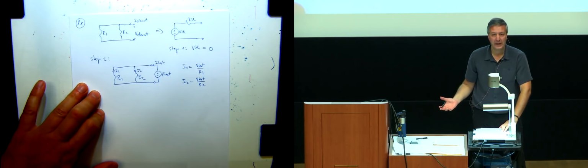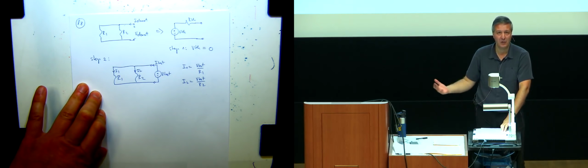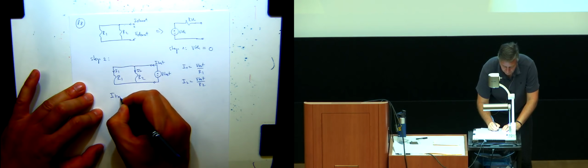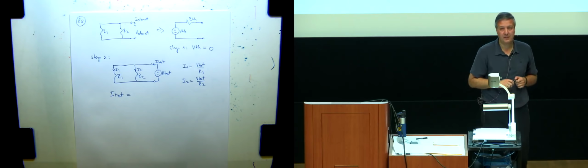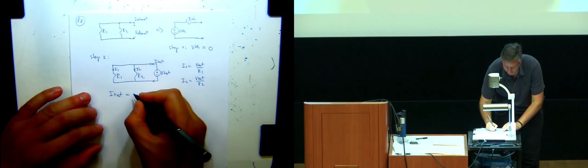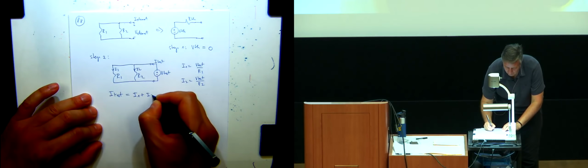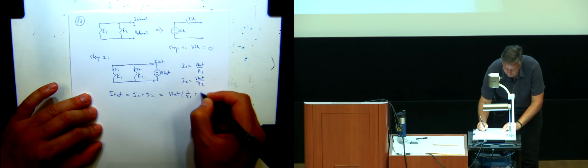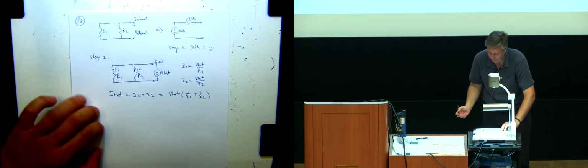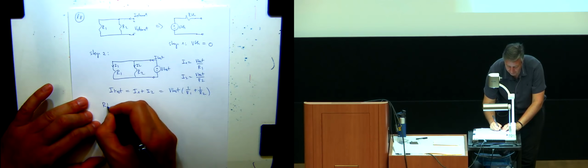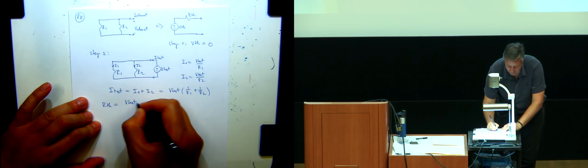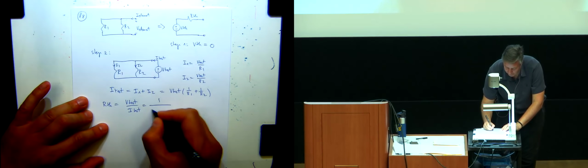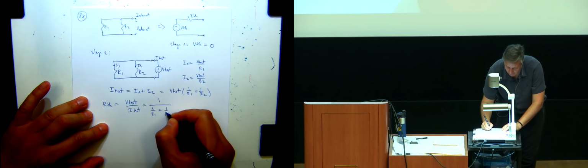And then by KCL, what's the relationship of I test, I1, and I2? I1 plus I2. And that is V test times 1 over R1 plus 1 over R2. And so now I can find R Thevenin equals V test over I test, and that is 1 over R1 plus 1 over R2.